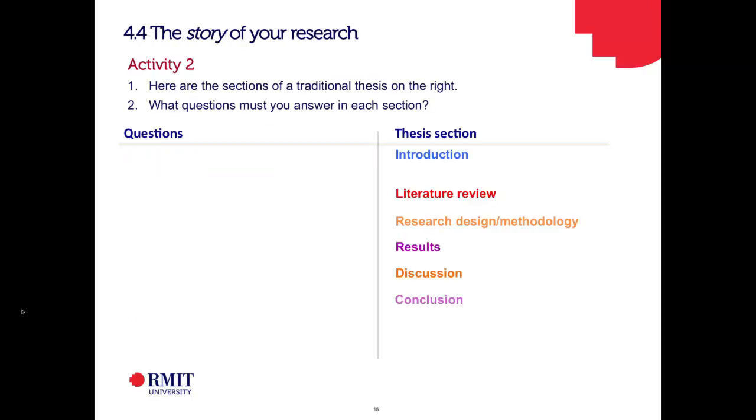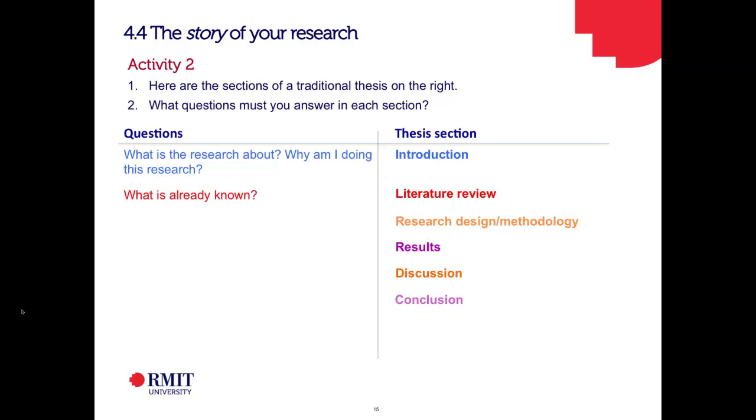In a traditional thesis, there are 7 main sections. What are the key questions you should answer in each section? Well, the first likely question to be answered in the introduction is, what's the research about and why am I doing it? Notice that that's in the present tense.